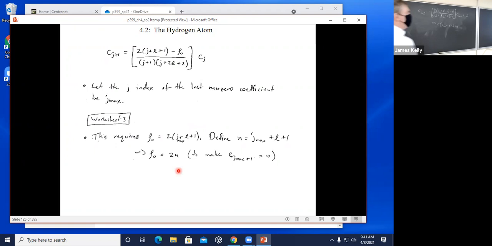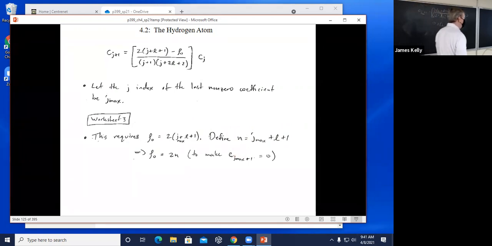So here's our result, that rho 0 has to be this combination of stuff. There's a suggestion, let's rename j max plus L plus 1 as a new symbol n. I know this is like the 4th renaming of things in here. But this is your old friend n, that quantum number that you know from the hydrogen atom, right?